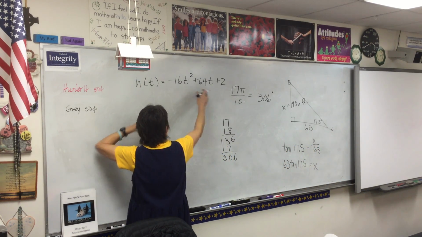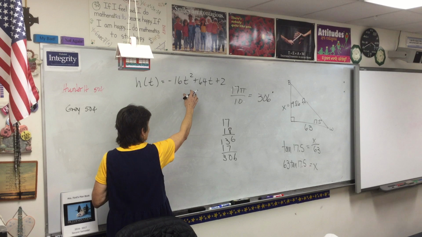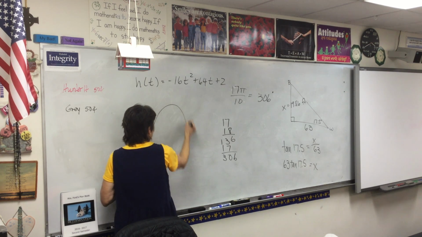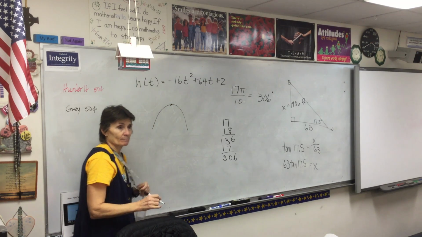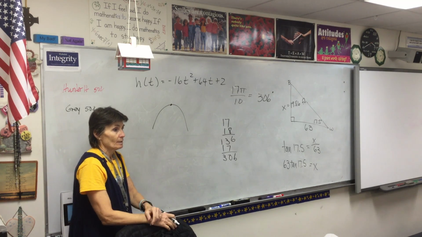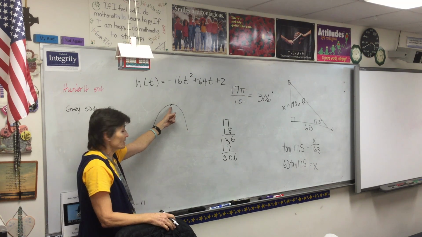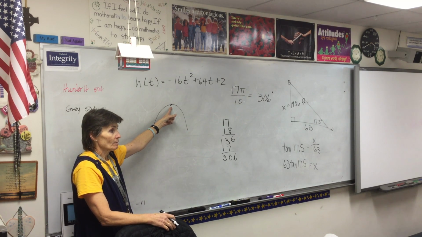What shape is this equation if you graphed it? That's a parabola opening down, isn't it? Because of the negative. So if we want to find the maximum height, aren't we really just looking for the vertex?